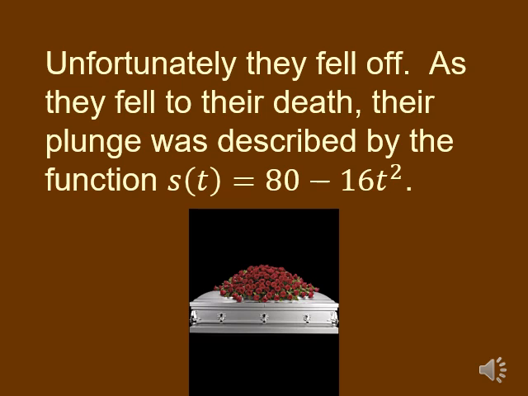The t squared part ends up being that acceleration due to gravity. And if there's a middle term like there was on the one before, what that's telling you is what we call an initial velocity, like what's the force of the catapult in the previous problem. Again here though, what really matters is that the function says 80 minus 16t squared.